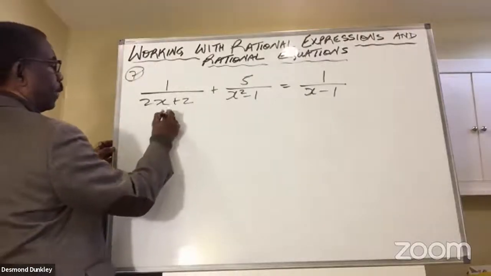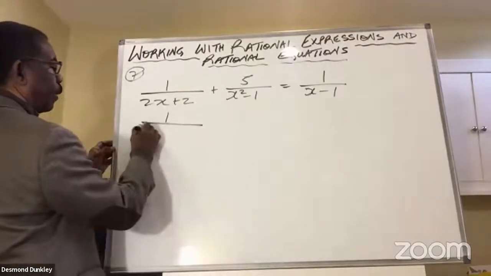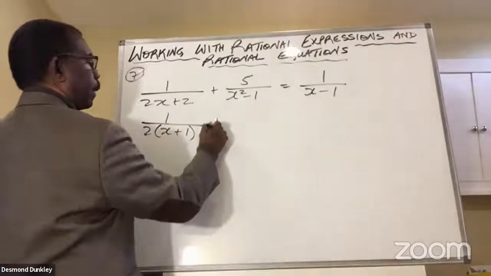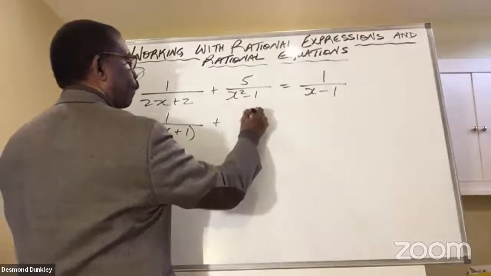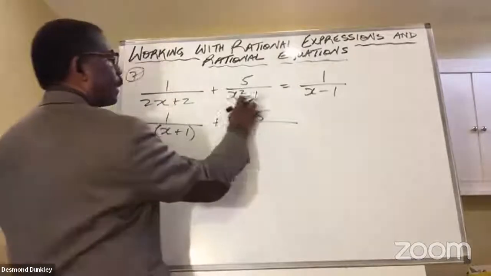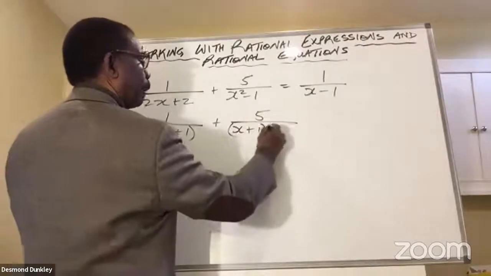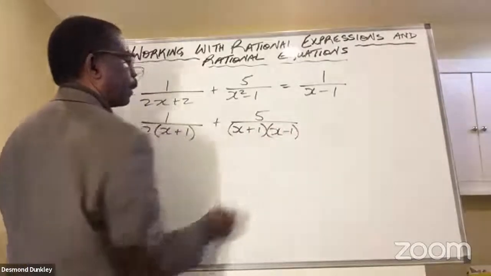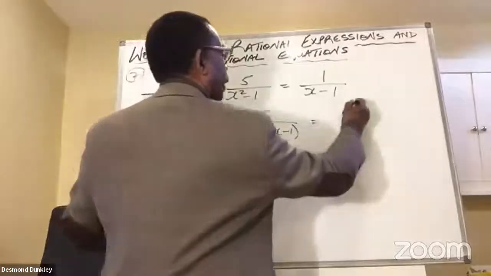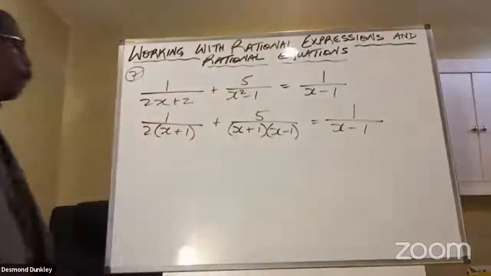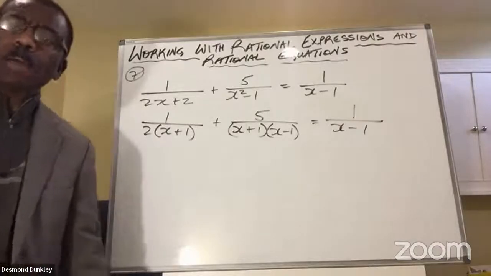So for this one, I will do this as 1 over 2 times x plus 1, plus 5 over, if you look at this, you will see that it's actually x plus 1 times x minus 1. And then over here, it's 1 over x minus 1. So what's my common denominator?